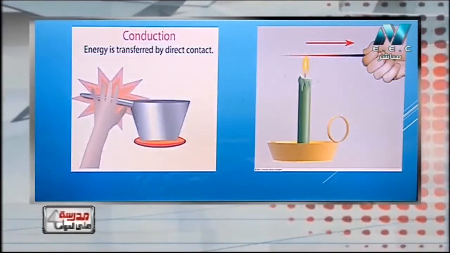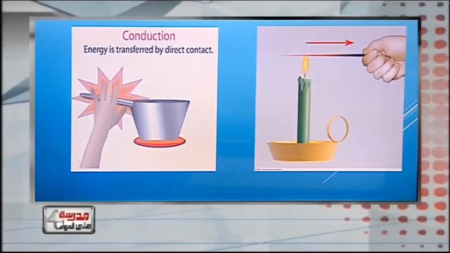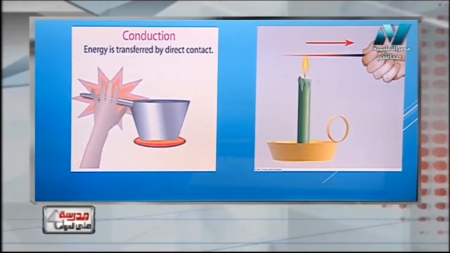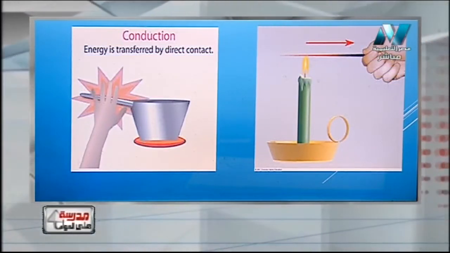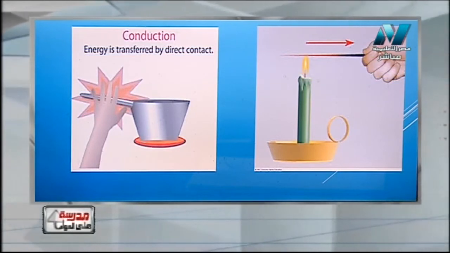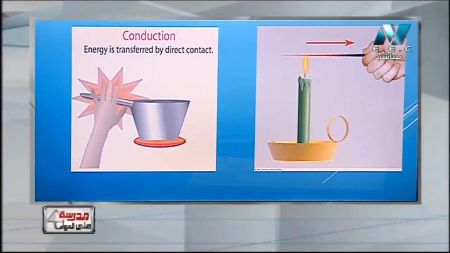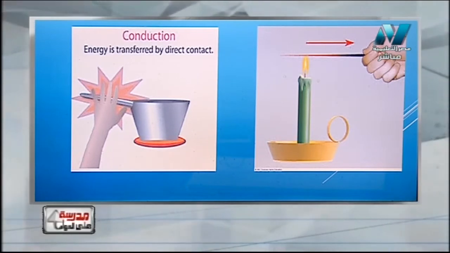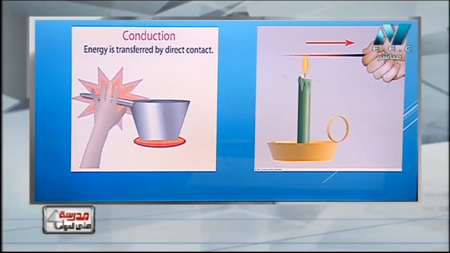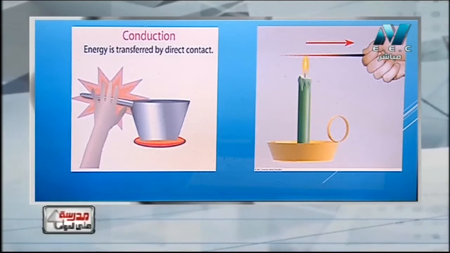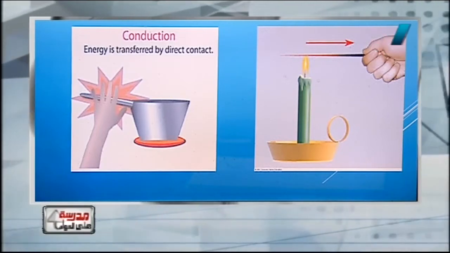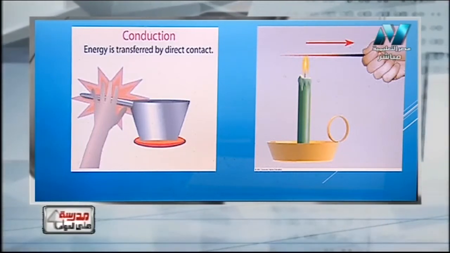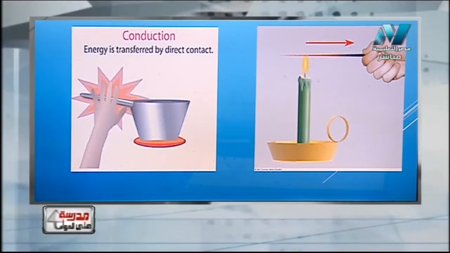As you see in these pictures, the first one, someone catches an iron bar with one end in the hand and the other end on the flame of a candle. Heat transfers, as you see the arrow, from the red part of the iron, the part of higher temperature, to his hand, to the lower temperature.